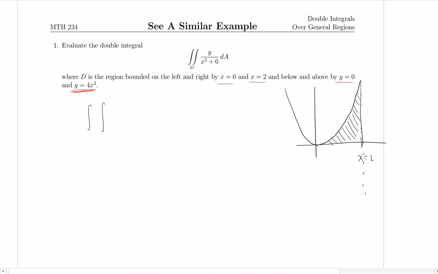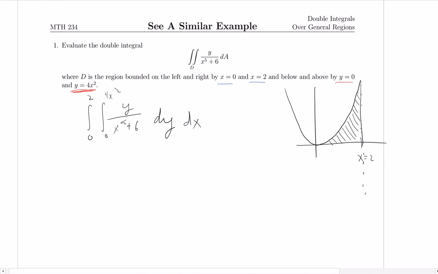The upper boundary in the y direction is not a constant, it's a function of x. So that means we have to do that integral first. So 0 to 4x squared. So we have to integrate y first and x second.